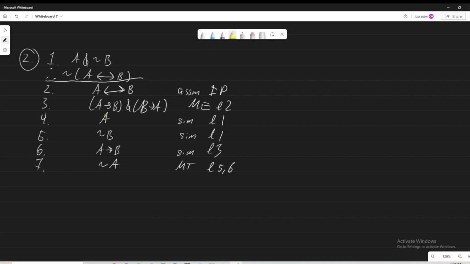And now we see we have A in line 4 and not A in line 7. So we're going to conjoin those now that we found a contradiction. Bracket off our subproof, our indirect proof, lines 4 and 7.